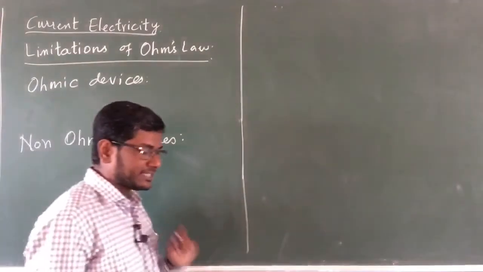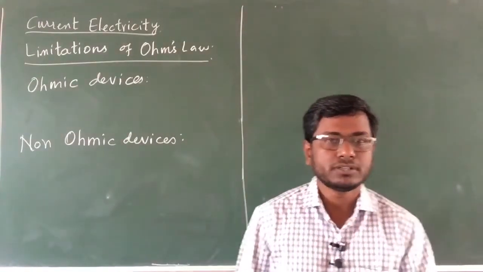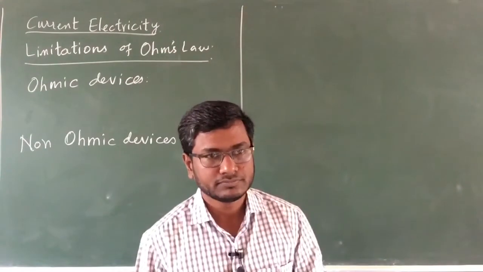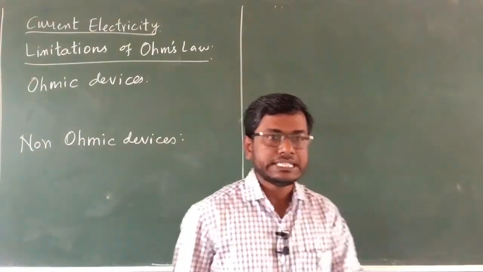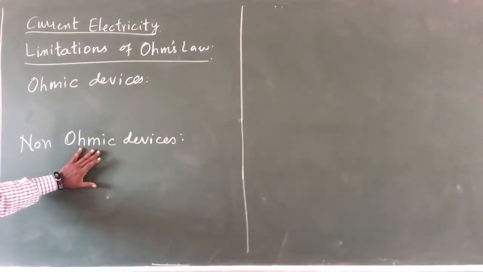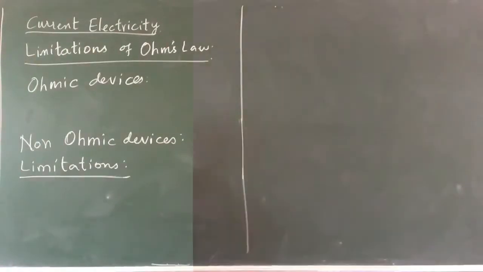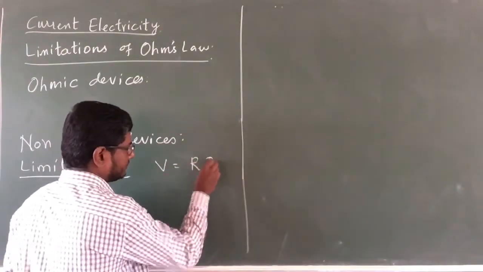But in semiconductor electronics, we studied the p-n junction diode. That diode is not going to obey Ohm's law, so such a device will be called a non-ohmic device. If we have Ohm's law, V is equal to Ri.